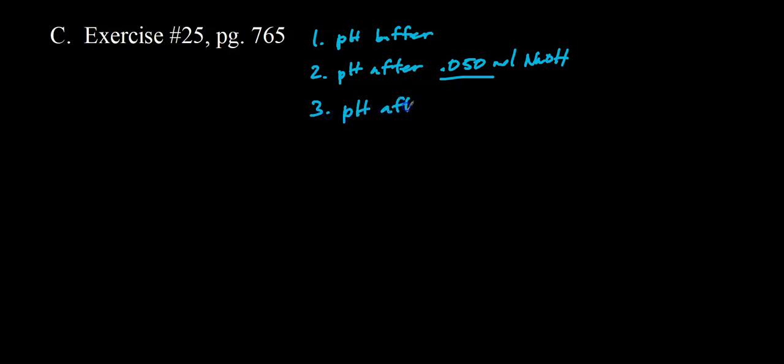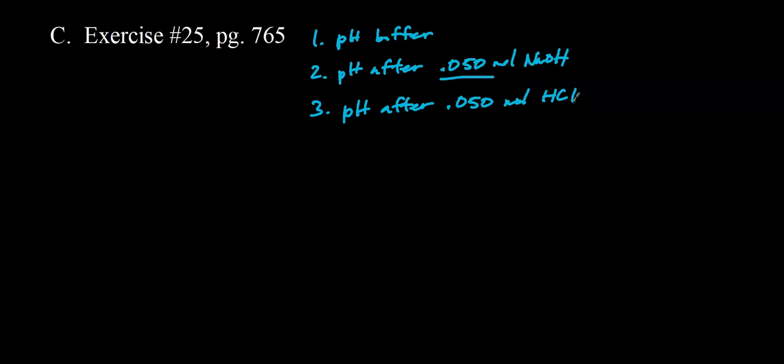Find the pH after adding 0.050 moles of HCl. And again, each time we'll assume that there's no change to the volume of the solution. It says 1 liter. We'll assume it stays 1 liter. All right, let's go ahead and pause the video and set those 3 calculations up.